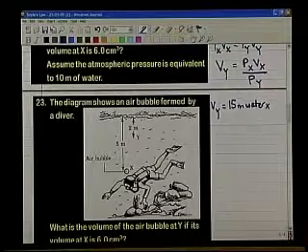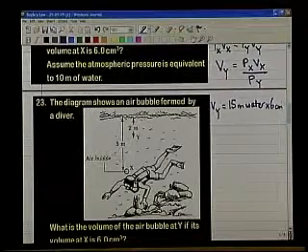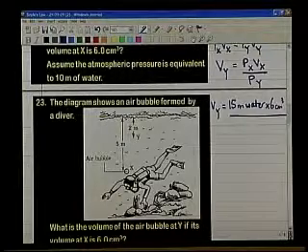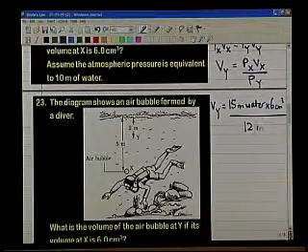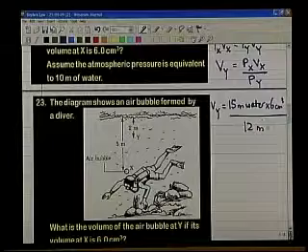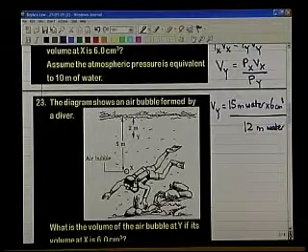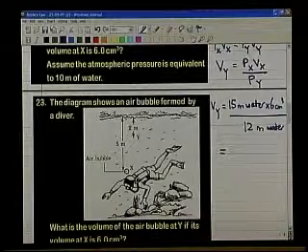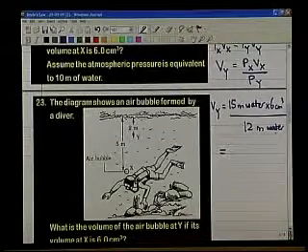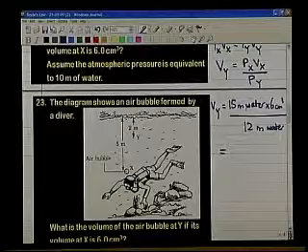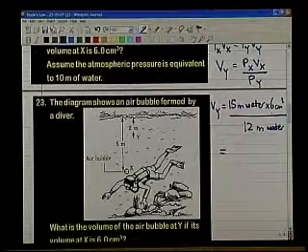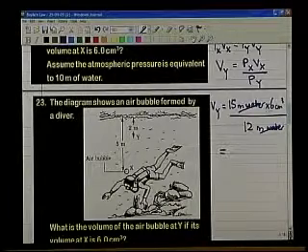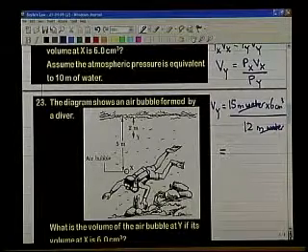Vx is 6 centimeter cube divided by, what is Py? Py is 12 meters of water. Okay. You will notice that meters of water up in the equation, or rather in the fraction, we can cancel it off. Okay, my final answer would be in centimeter cube.